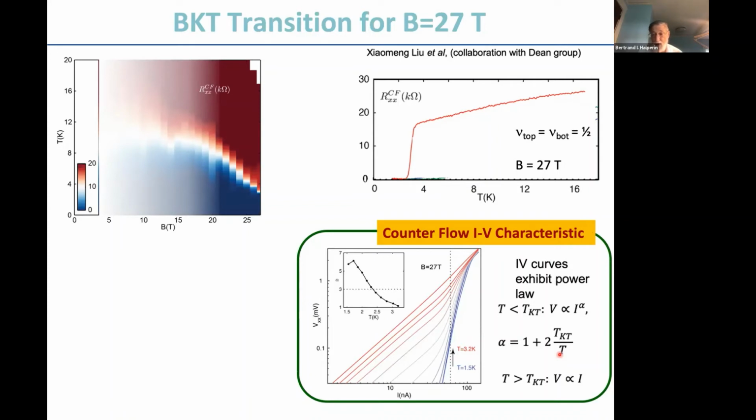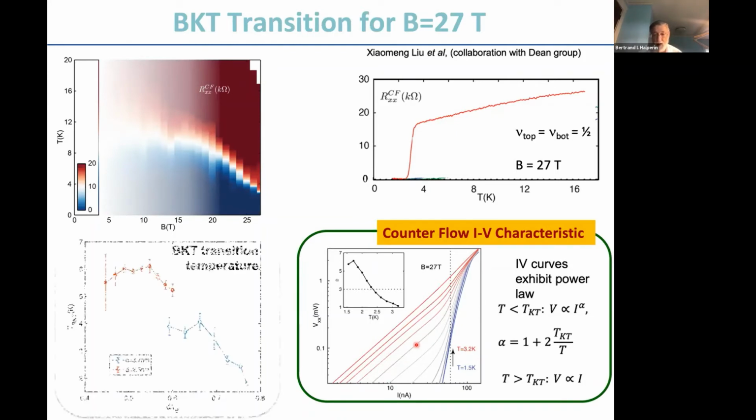But at finite currents, you get a finite voltage, which should go not linearly anymore with the current, but as some power of the current, I to some power alpha, and alpha should start as 3 at the Kosterlitz-Thouless transition temperature, and should increase as you go below it. And at least qualitatively, that seems to be what's happening here. So we see at least some evidence for a Kosterlitz-Thouless type transition in this region of large magnetic fields.